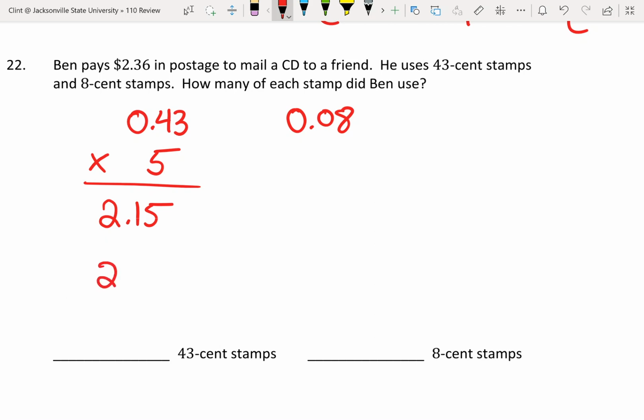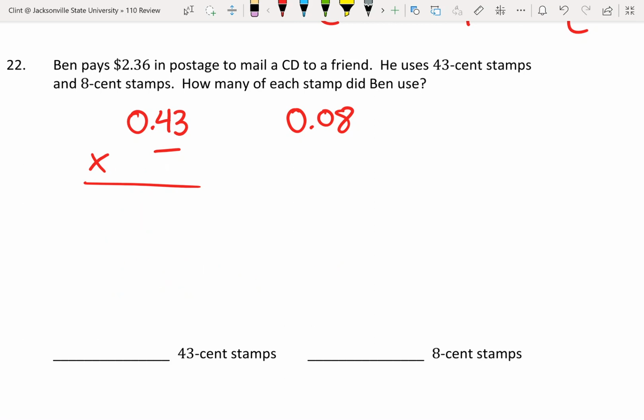And then if I check how much is left over, so 2.36 minus 2.15, I get 21 cents left over. And there's no way I can get 21 cents out of 8-cent stamps. It won't divide in evenly. So I know that's not it.